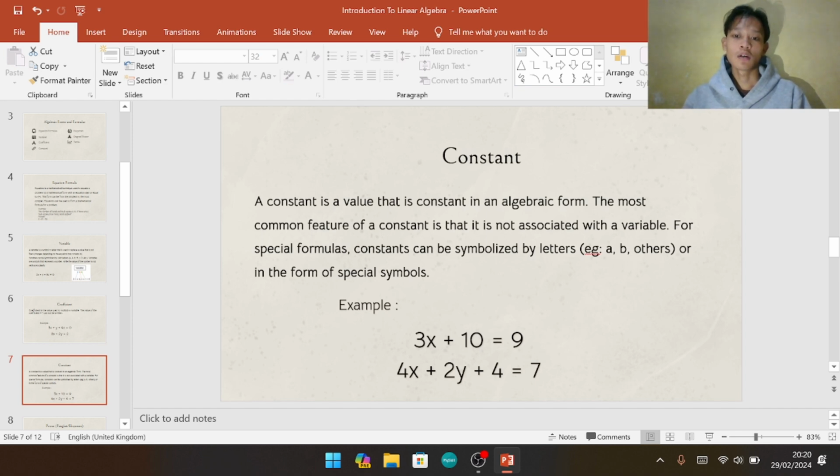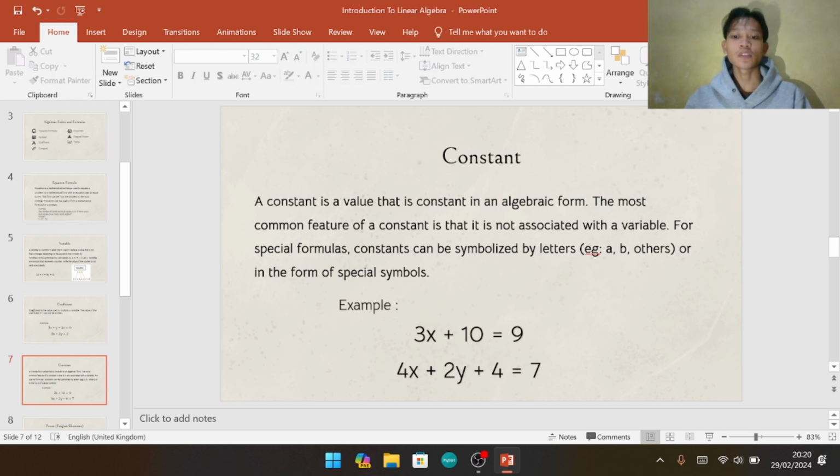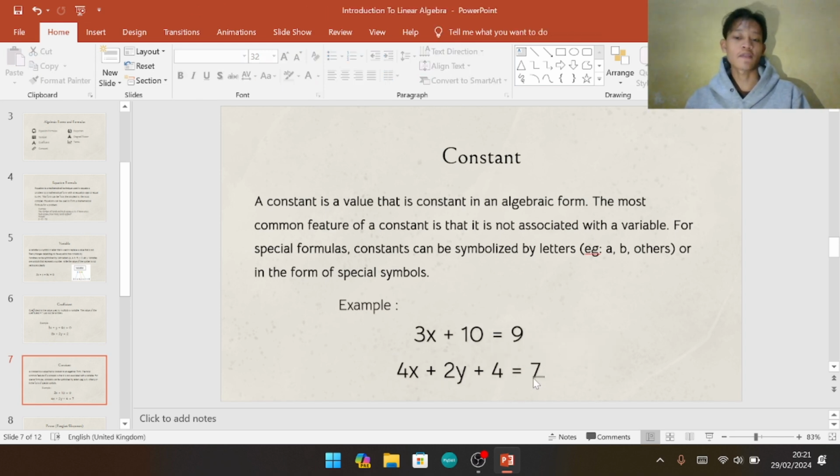Example 1, constants are 10 and 9. For example 2, constants are 4 and 7.